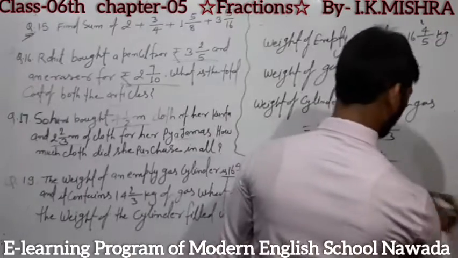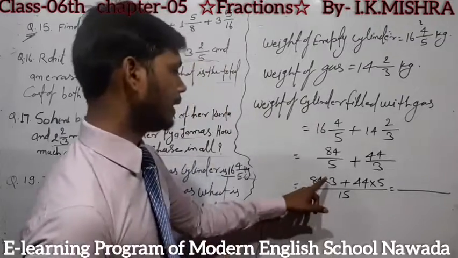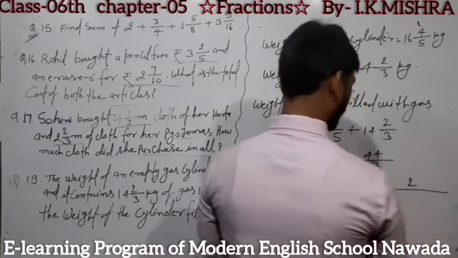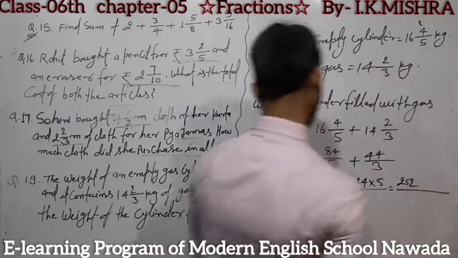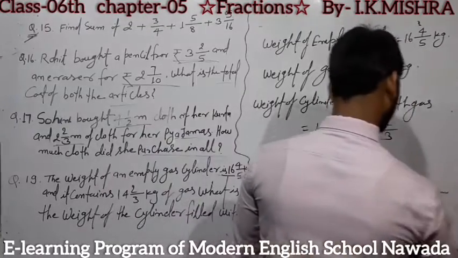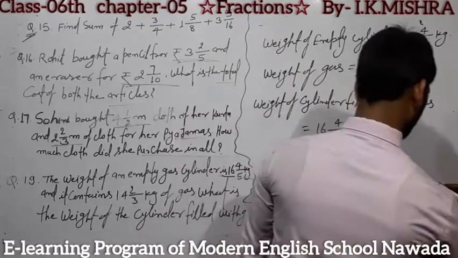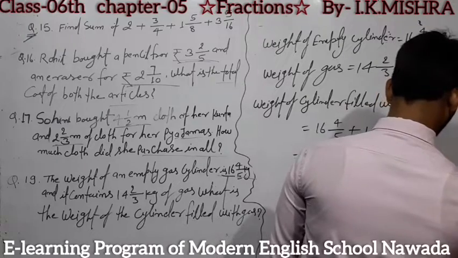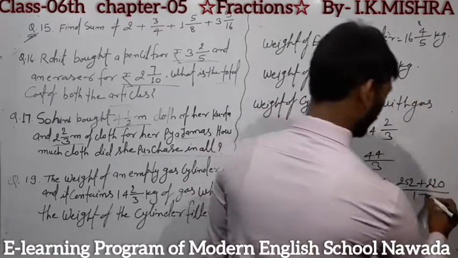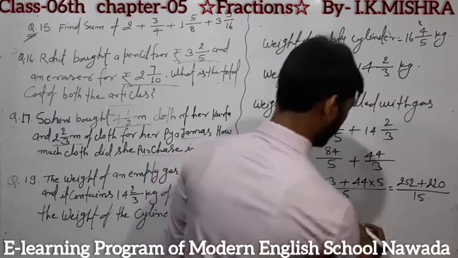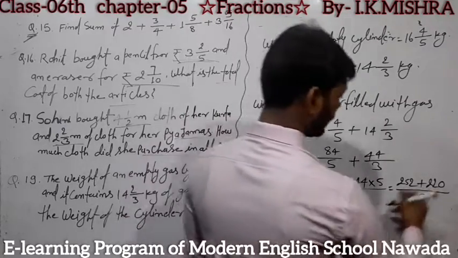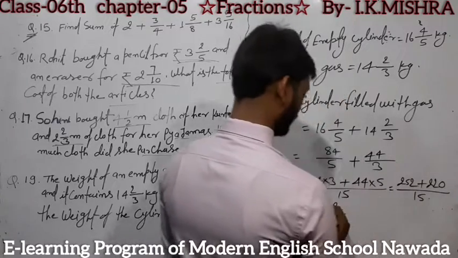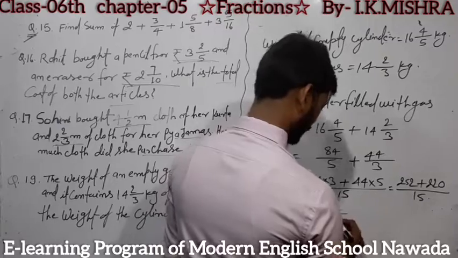After that, here you have to add, multiply, 252 and 220, 472 by 15.